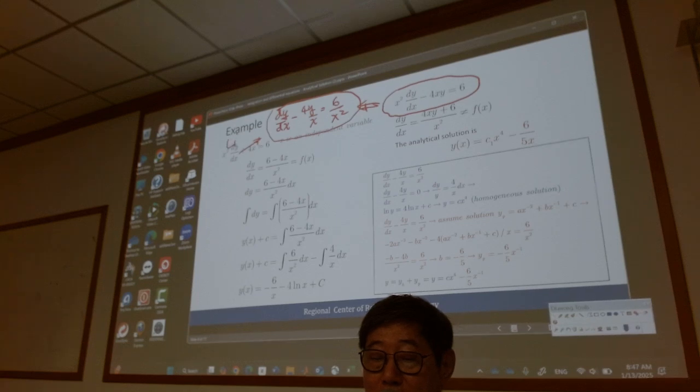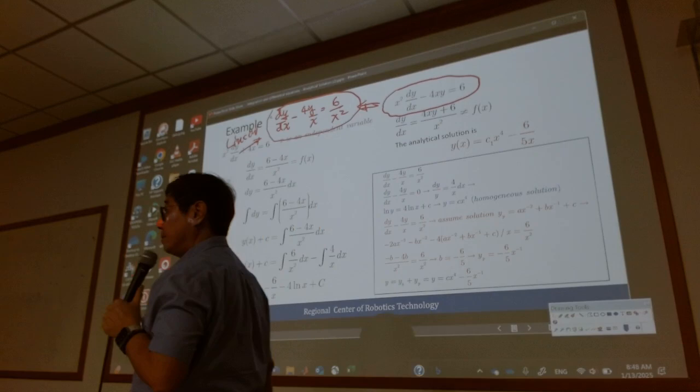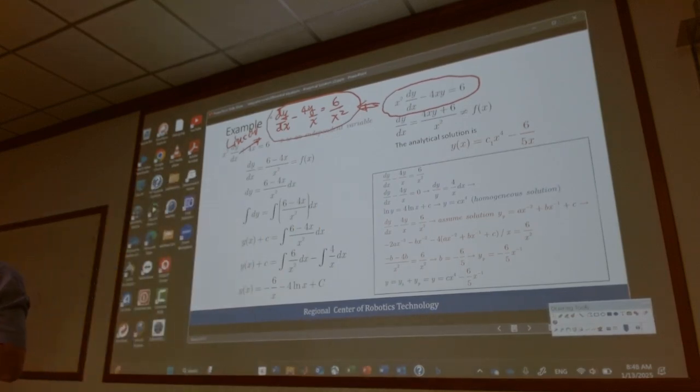This is linear. This is linear. You can solve by what? Superposition. You can solve by superposition.